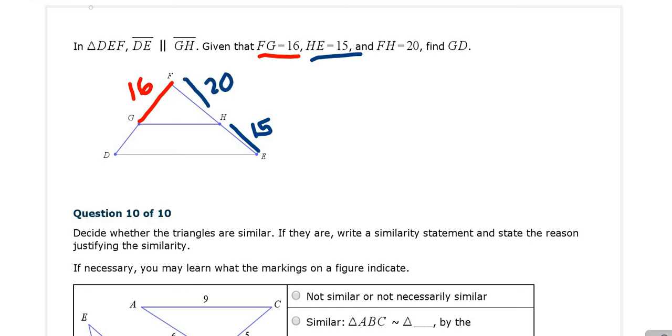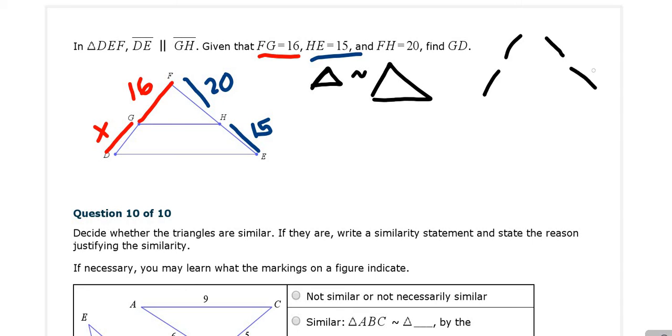And we're looking for GD. Now in this one, instead of looking at similar triangles, instead of pulling the triangles apart and seeing similar triangles, we can visualize this as proportional segments. Remember that optical illusion, the old hag versus the young lady? So in this case, we are proportional going this way.